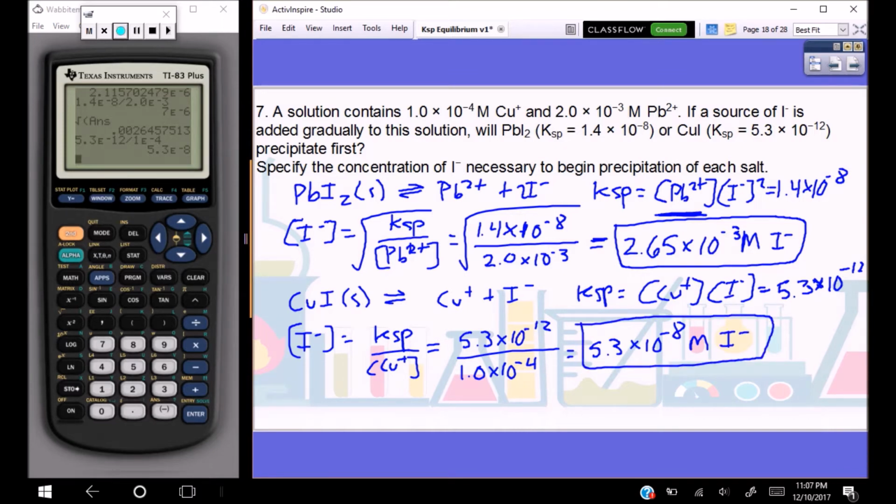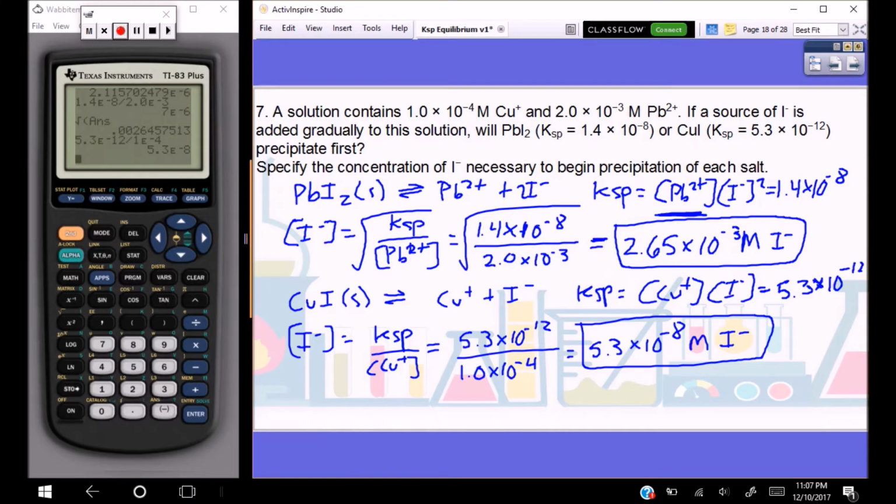Okay, so then let's go back and identify what the question is originally asking, which is which will precipitate first. Well, we need to look at these numbers and figure out what they mean. We are gradually adding I minus to solution. So to figure out which will precipitate first, we have to look at these values. And the one that will precipitate first will have the smaller I minus concentration.